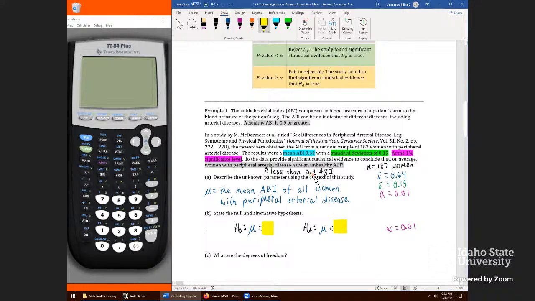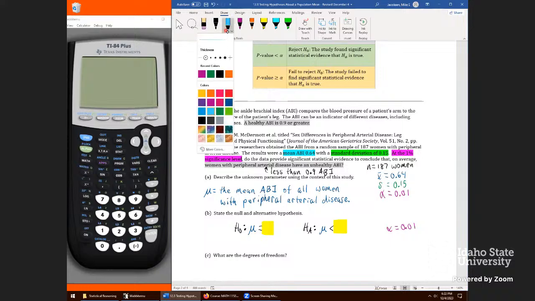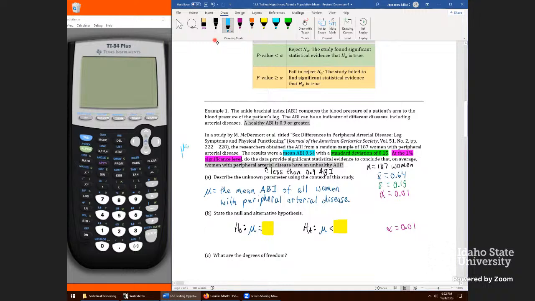Having less than the 0.9 means we're dealing with the unhealthy ABI, and they're just wondering, do people with peripheral arterial disease have less than 0.9 ABI? So that's the mu naught equals, I think we usually use a slightly off blue color for that. Here's the mu naught equals 0.9, coming from either here or what was said below.